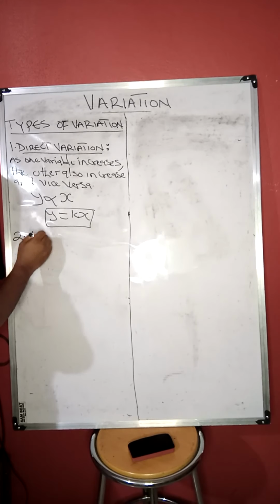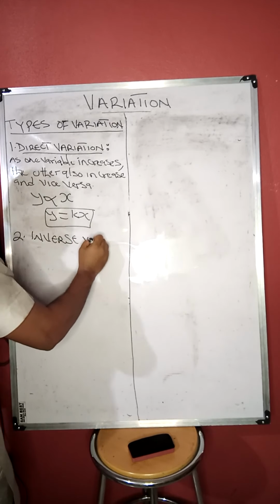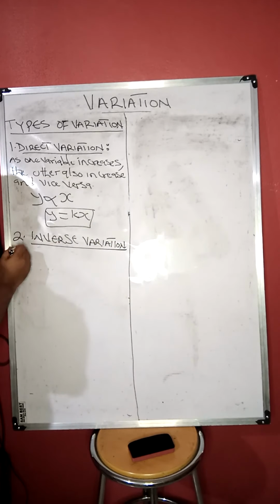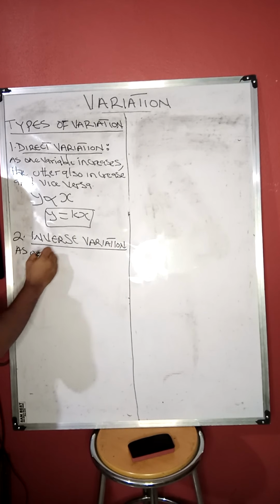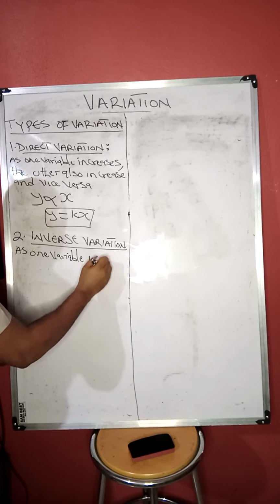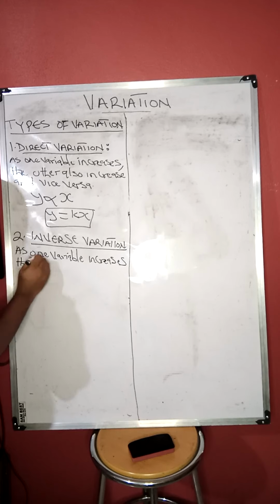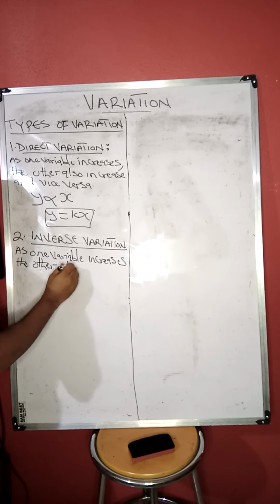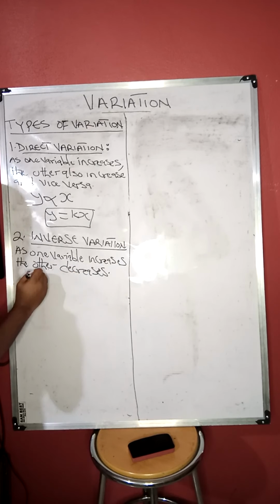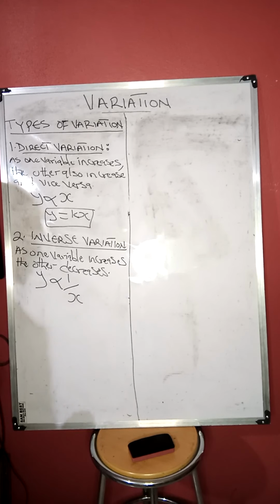The second one is inverse variation. In inverse variation, as one variable goes up, the other will be coming down, and vice versa. Look at inverse variation.